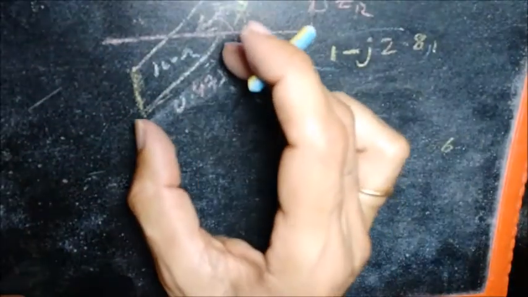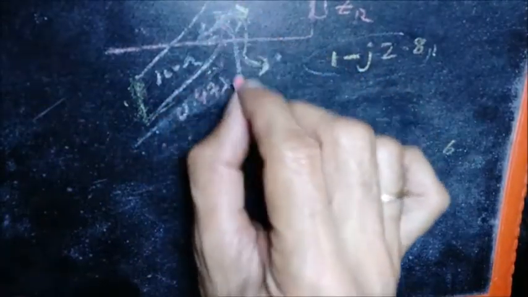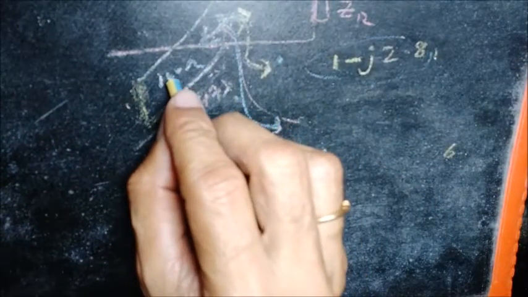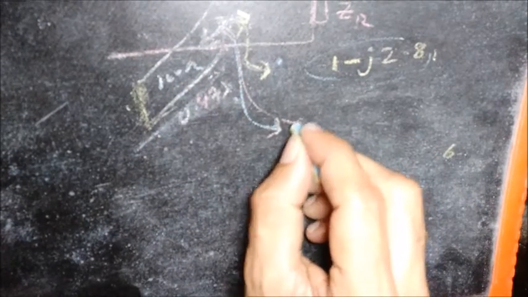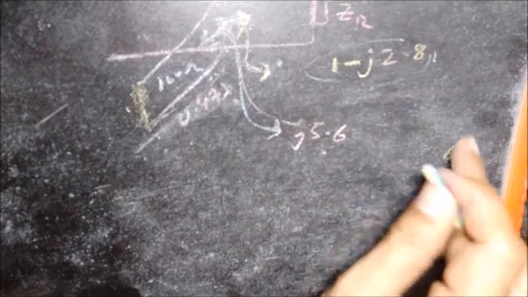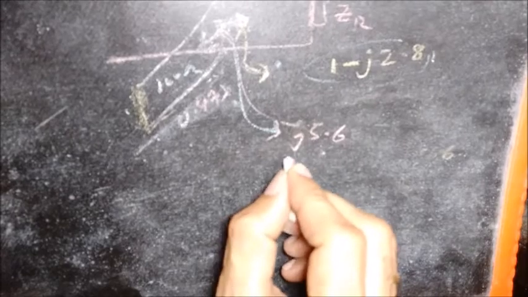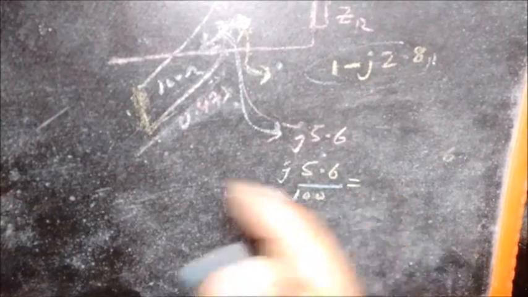So when this length is 0.47 lambda, for a 100 ohm transmission line which is shorted here, which is going to act as a short circuited stub, the input admittance here normalized with respect to a 100 ohm characteristic impedance will be, as found just now, j5.6. So the actual input admittance will be j5.6 by 100, because we have normalized it.